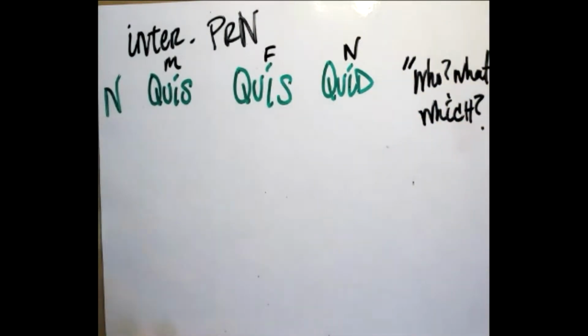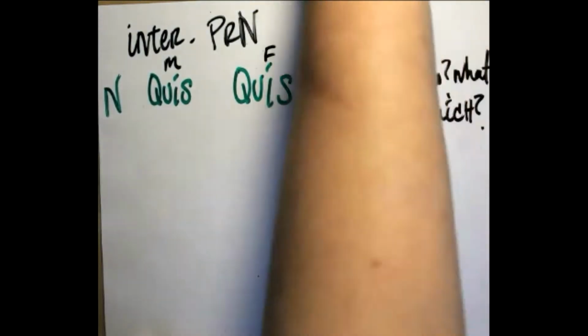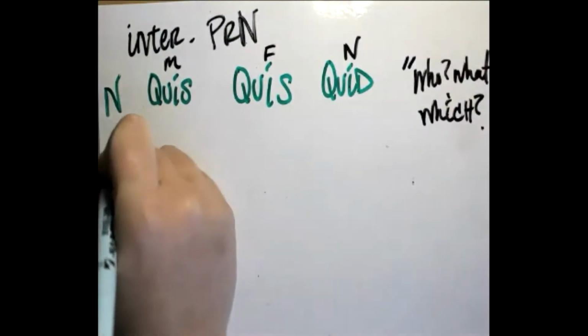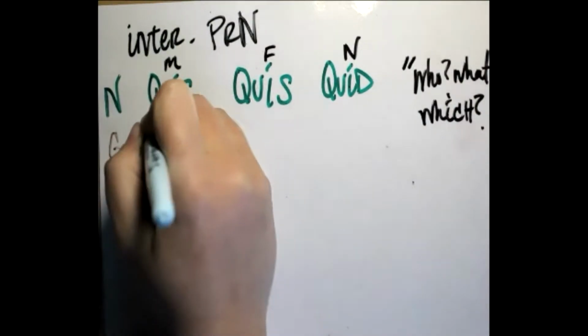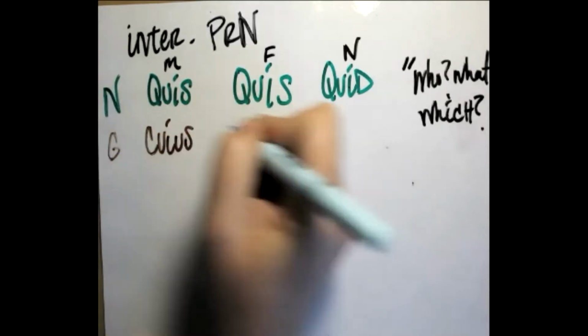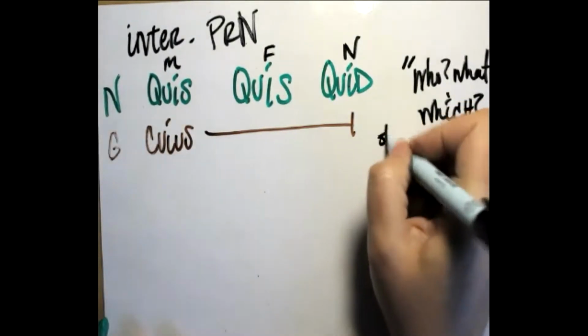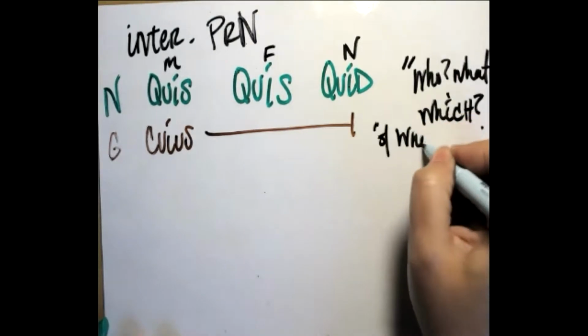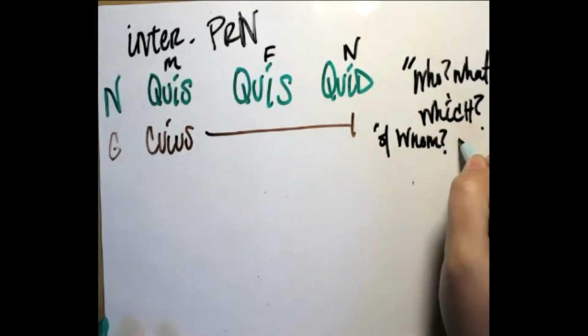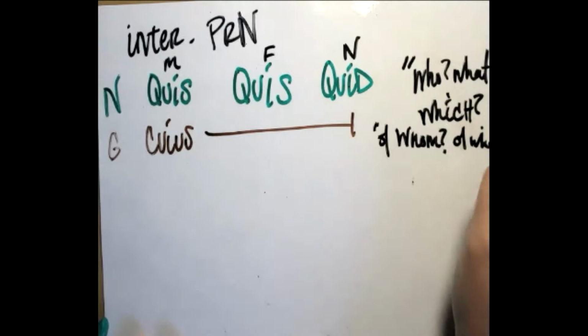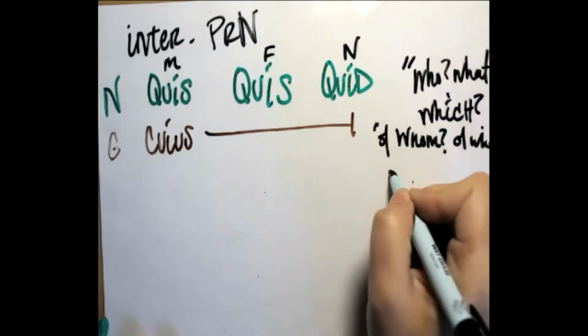Okay, but in the genitive, again, all forms are cuius. So of whom, of what, of which.